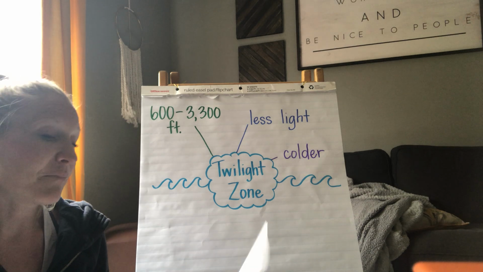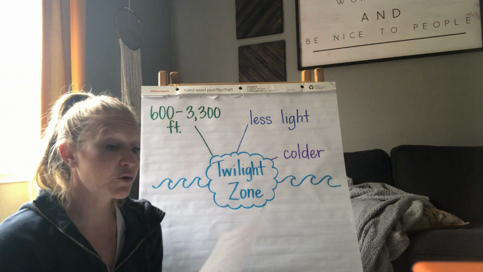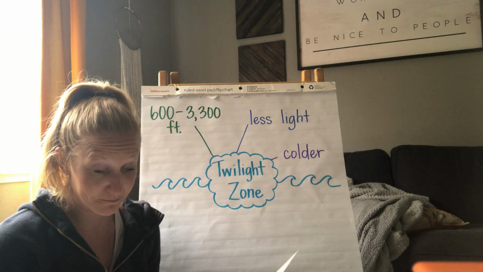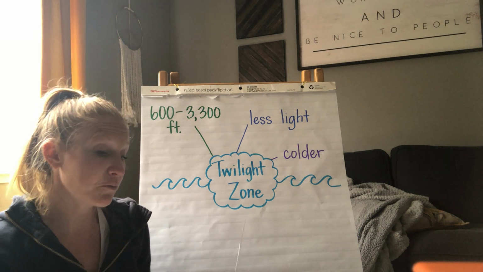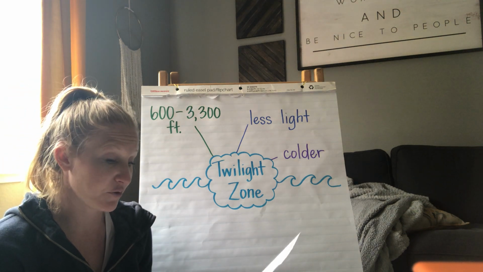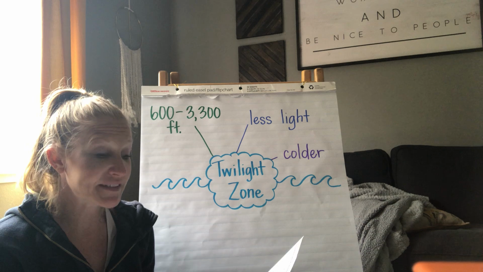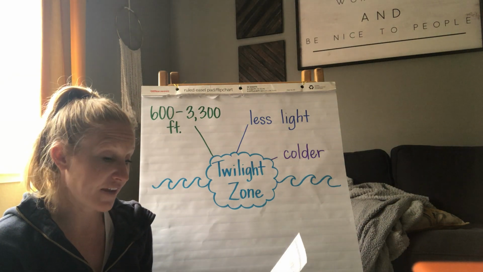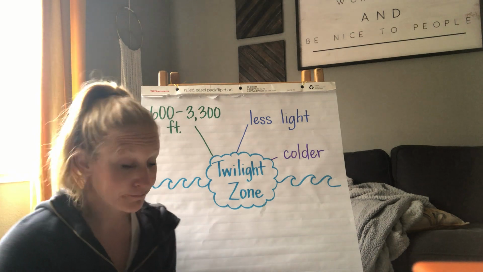Many animals migrate or move between the twilight zone and sunlight zone in search of food, including the sperm whale and swordfish. Other twilight zone animals include crabs and other crustaceans, dragonfish, viperfish, and many worms.